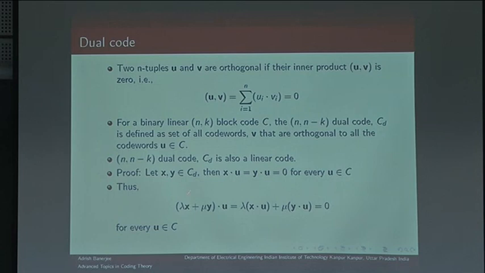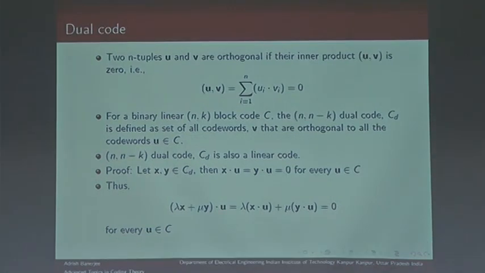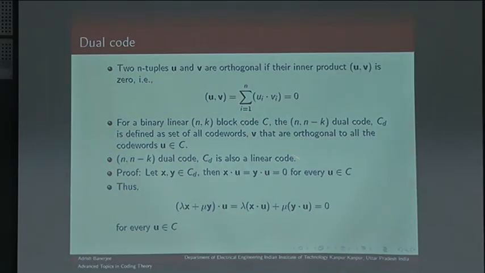What is x dot u? That is 0, because x belongs to the dual code and u belongs to the original (n,k) code. Similarly, y belongs to the dual code and u belongs to the original code. So, then what we have shown is lambda x plus mu y is orthogonal to u, and what is u? u belongs to C. So, what we have shown is lambda x plus mu y belongs to C dual, the dual code.